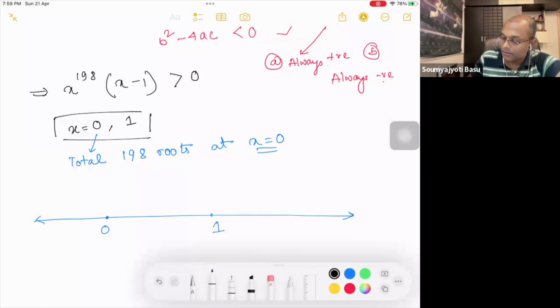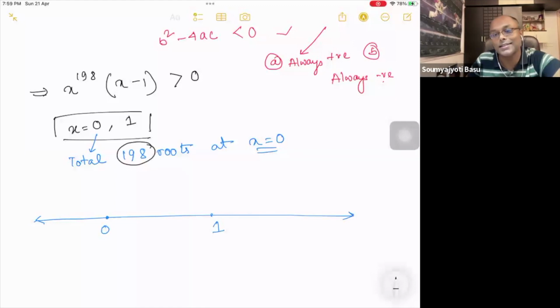But for 0, remember, the sign around it would not change. Why? Because you have even number of roots at 0. So, this is positive, this is negative, continues to be negative after 0.